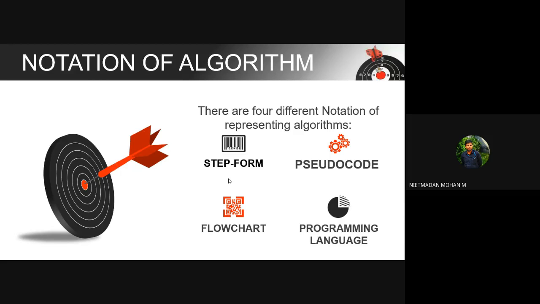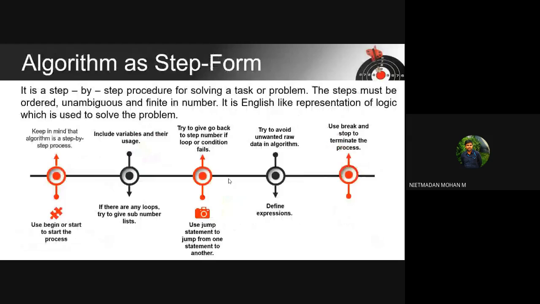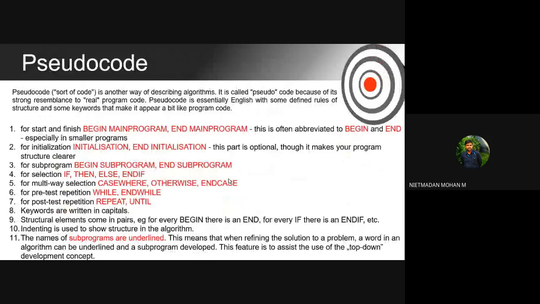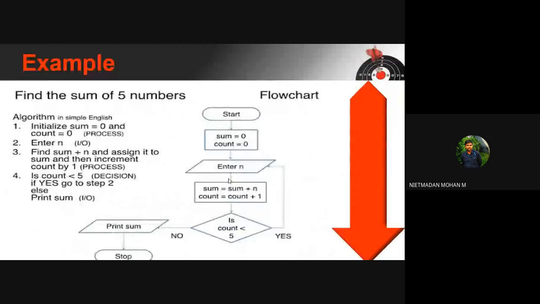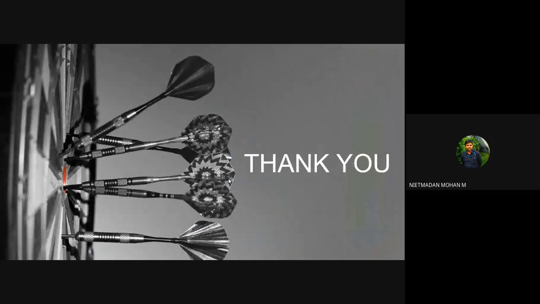Step form is more like an algorithm, and pseudocode uses keywords with which we can elaborate the algorithm, and flowchart is a graphical representation. These are the keywords and these are the symbols, the shapes, used in a flowchart. We discussed 2 basic examples, one from sequence and another from selection. Fine? Any doubts?